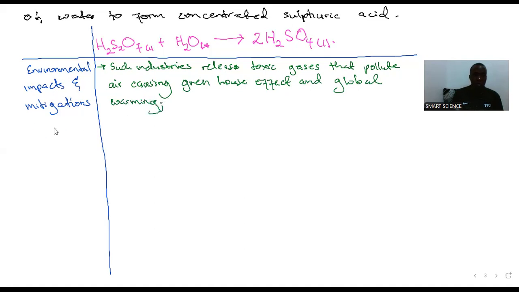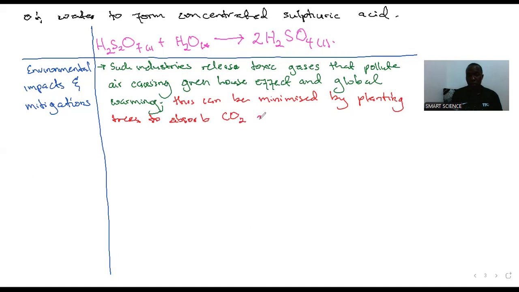So after writing such an impact, we expect you to come and provide a solution that this can be minimized by planting trees to absorb carbon dioxide and also using gas filters in industries.